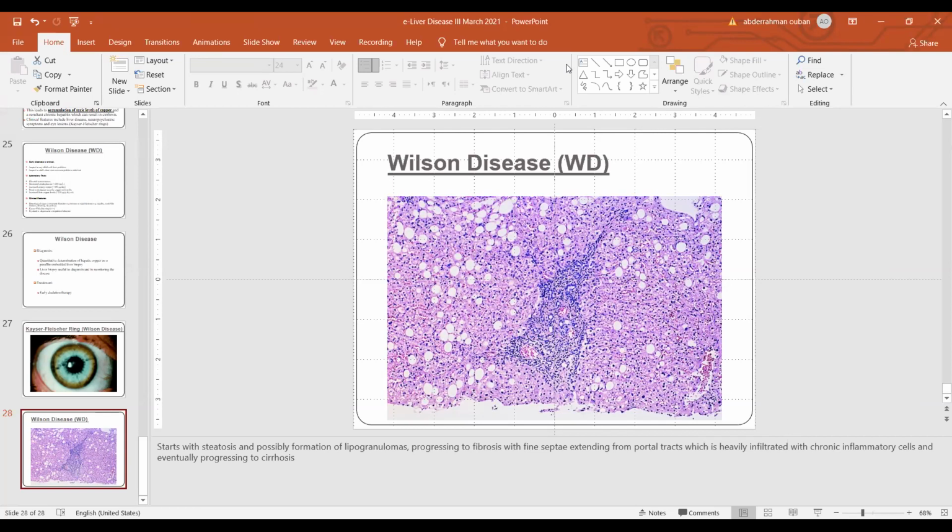When it heals, it will heal into bridging fibrosis. When this bridging fibrosis forms from all sides, that results in the formation of a nodule. Inside the nodule are hepatocytes that keep dying and coming back to life, what's called a regenerating nodule. This is how cirrhosis eventually comes to happen.